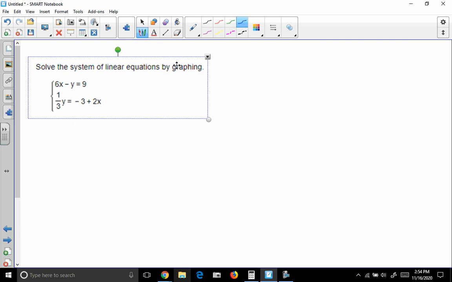All right, let's do this one. For practice, let's solve it for y so that we can get the slope and the intercept. So if we want to isolate the y term, this is a positive 6x, so to get rid of a term, we do the opposite.